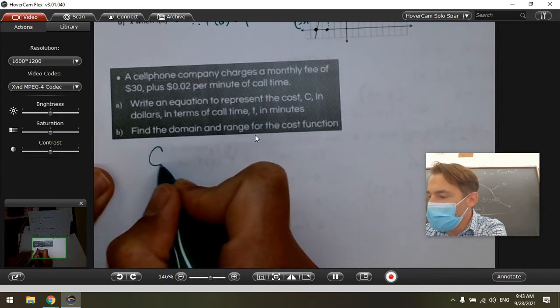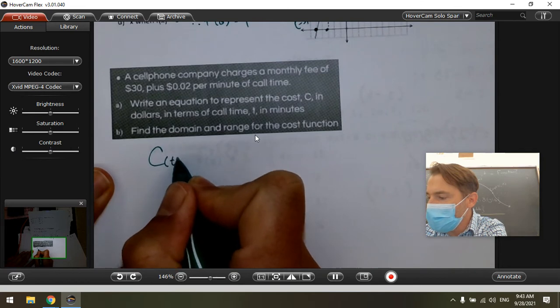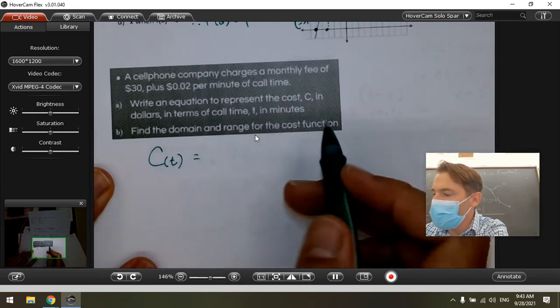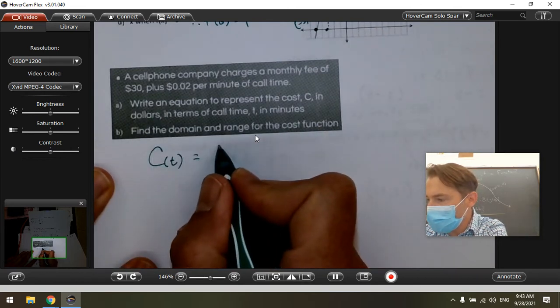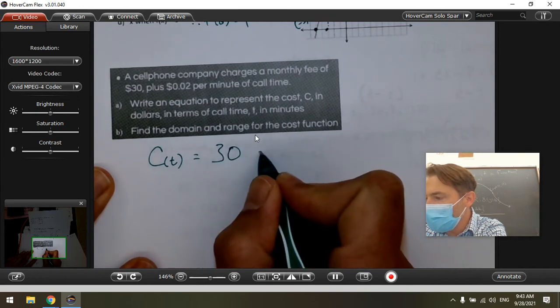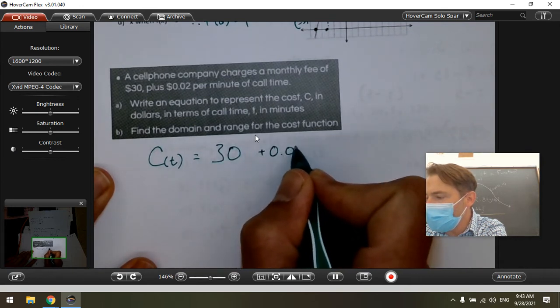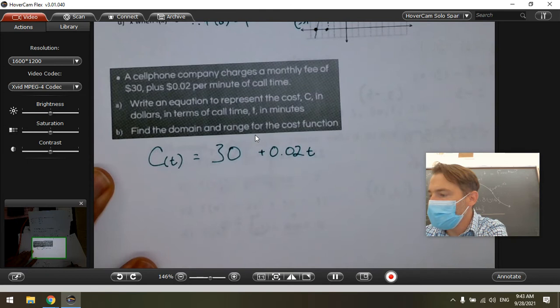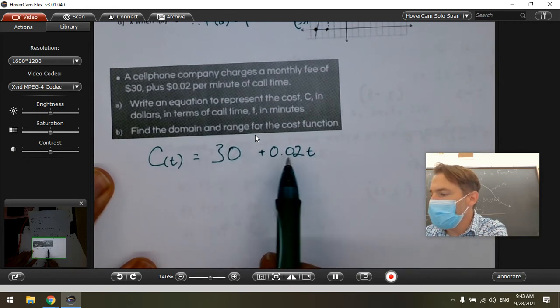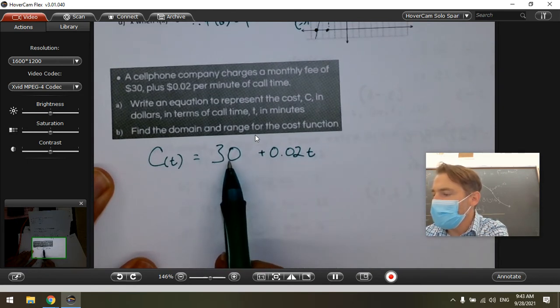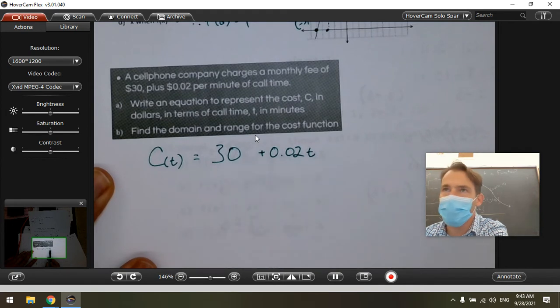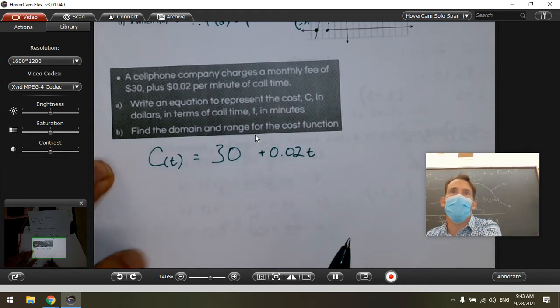So I might have C of t is equal to 30 plus 0.02 times t. And that's a y equals mx plus b. It's just this one is b plus mx, which is the same thing. Doesn't matter what order we add it in.